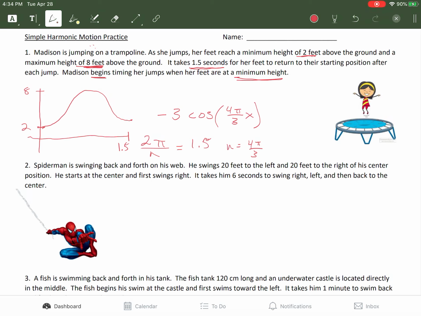Now the last thing we have to figure out is there seems to be some kind of vertical shift. So how does our graph begin at positive 2? Well, if you remember from unit 3, cosine starts at 1, so we have negative 3 times 1 plus something, and that has to equal 2.